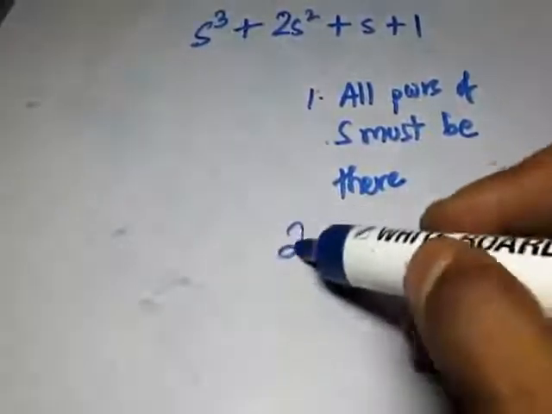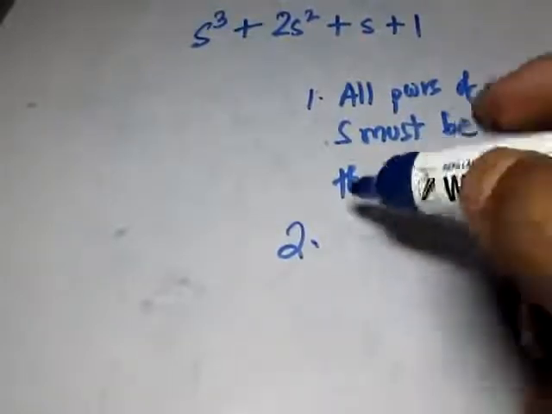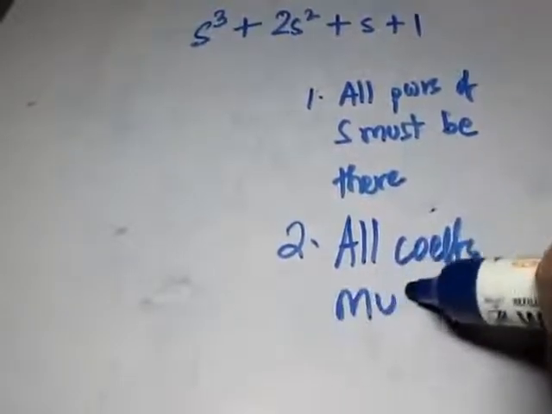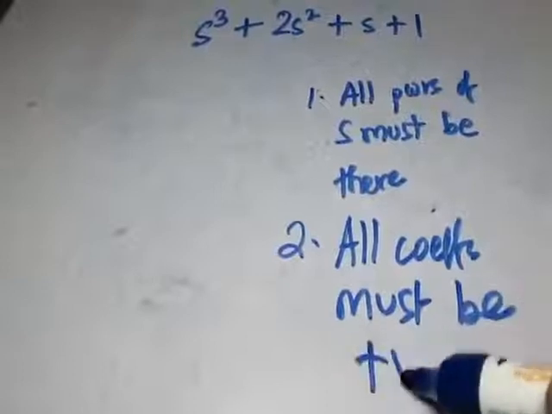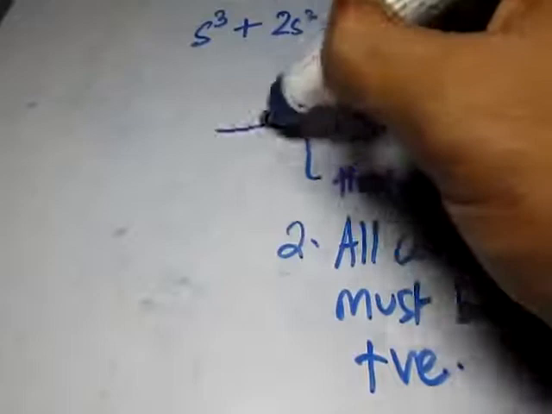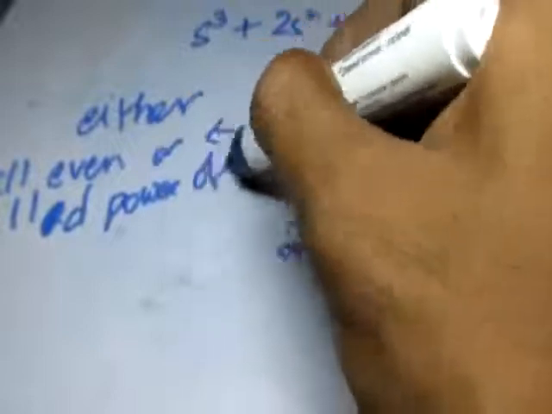Number 2. All coefficients must be positive. Now, there is an exception to this rule. If all powers are not there, then either all even or all odd powers of s must be present.